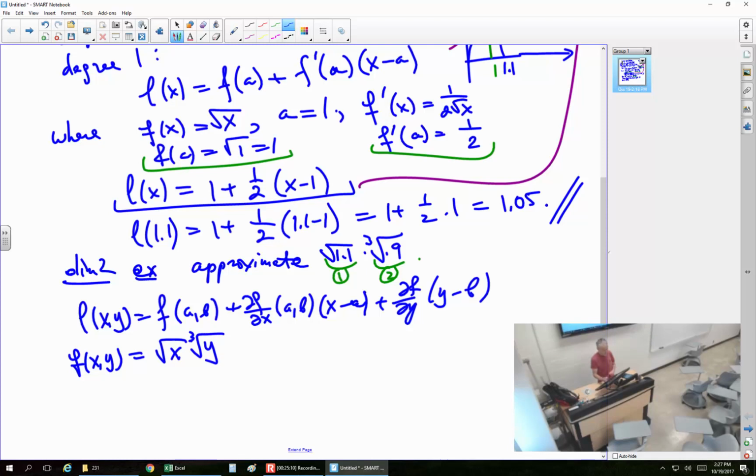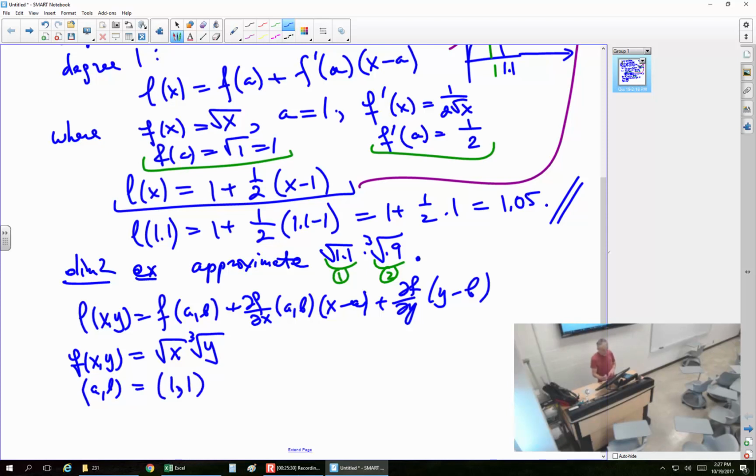So this is the function we're approximating. And then my a,b is 1,1. It makes sense, right? For 1.1, I'm choosing the nearest easy point 1, and same for 0.9, even though they're in different directions, but 1,1 is fine, okay?